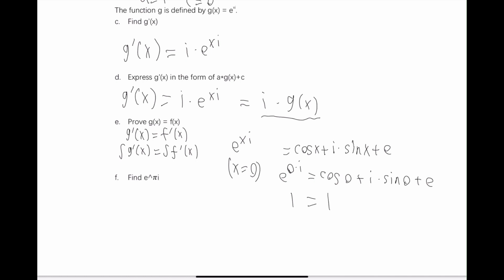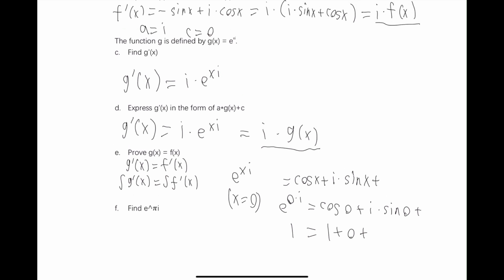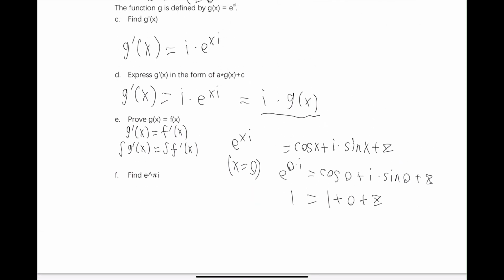Cosine 0 equals 1, and sine 0 equals 0, so i times 0 is also 0. There's already an e in front, so we'll use a different letter, z. Here we can see 1 equals 1 plus z, so z equals 0.